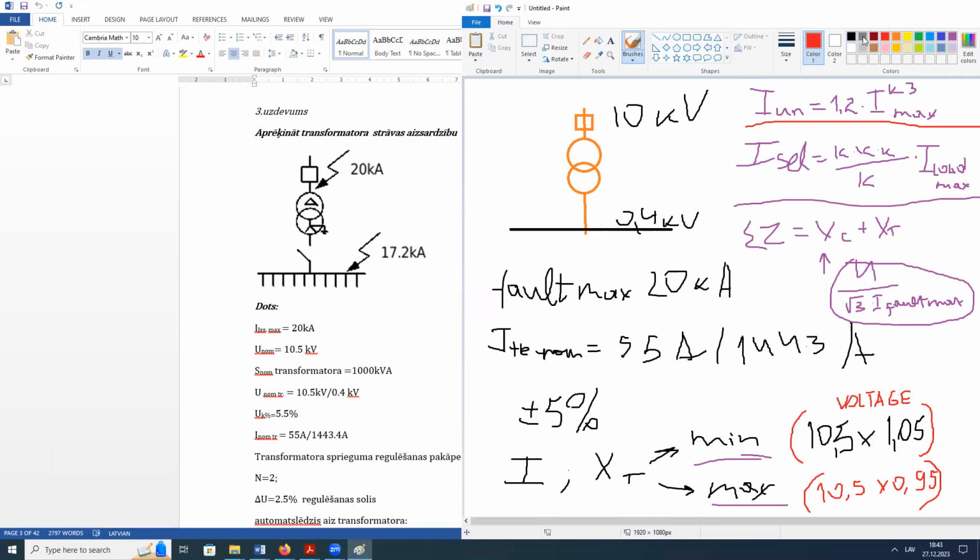It is not enough to multiply the three-phase current by 0.866 to get from three-phase to two-phase fault; you need a minimum current value. So you need to use the maximum transformer resistance when calculating this.